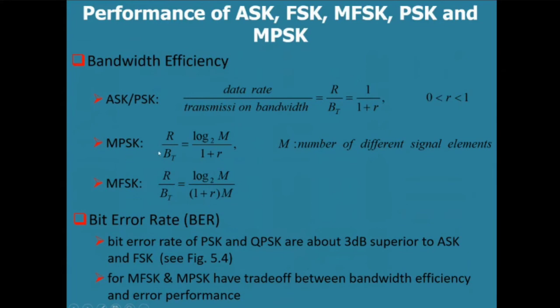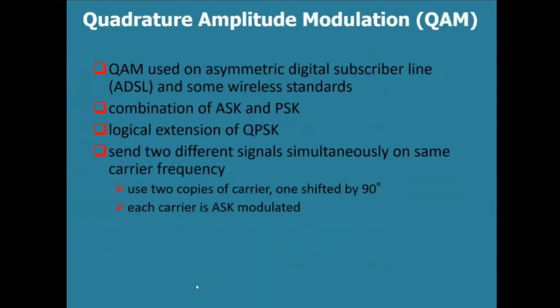For multiple phase shift keying, the bandwidth efficiency is equal to log base 2 M divided by (1 plus r), where M represents the number of different signal elements. For multiple frequency shift keying, it is log base 2 M divided by (1 plus r) into M. Bit error rate is an important factor which describes the performance of a digital communication system. Bit error rate of PSK and QPSK are about 3 decibel superior to ASK and FSK. And multiple frequency shift keying and multiple phase shift keying have a trade-off between bandwidth efficiency and error performance.